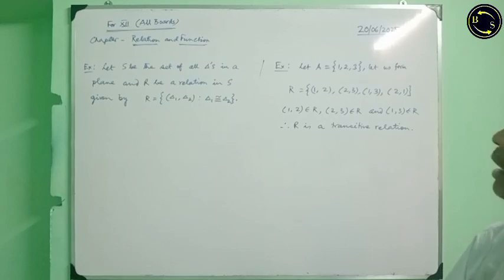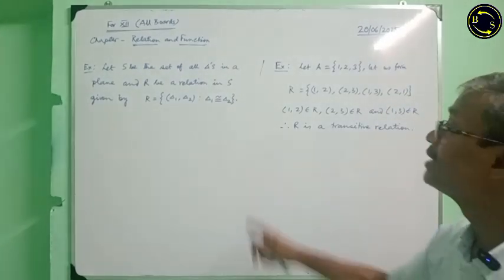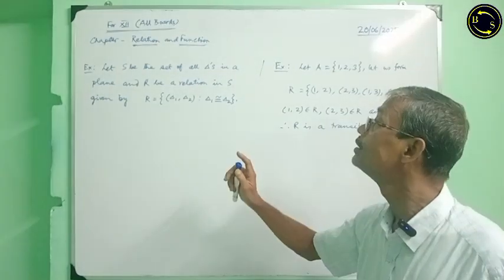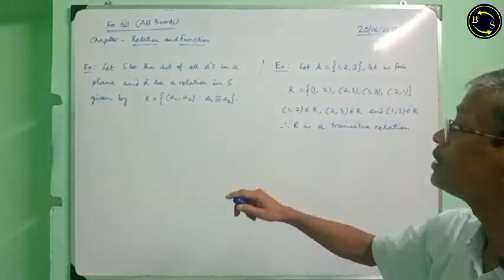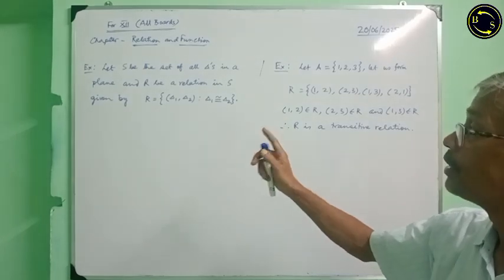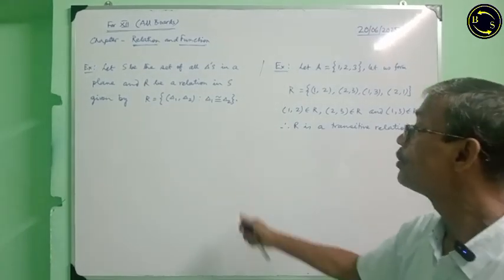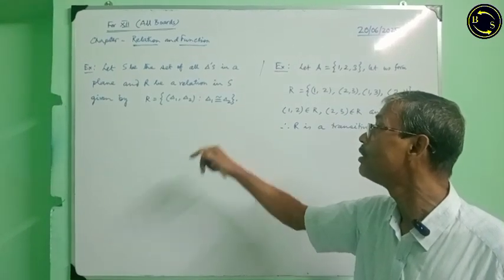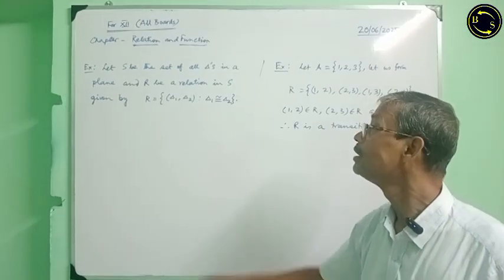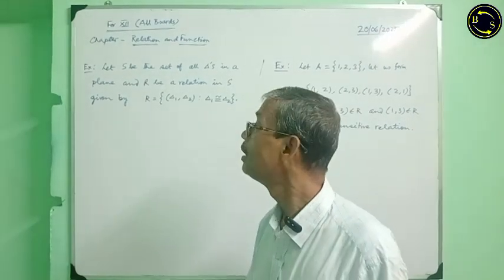Now I take an example. Let S be the set of all triangles in a plane and R be the relation in S defined by R equal to the set of ordered pairs of triangles (delta 1, delta 2) such that these two triangles are congruent to each other.